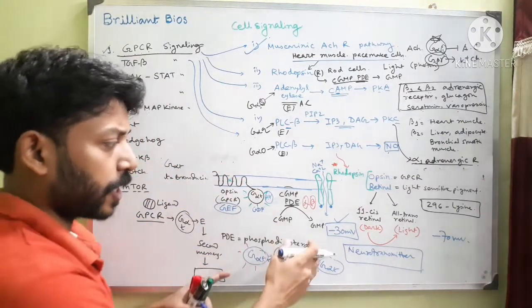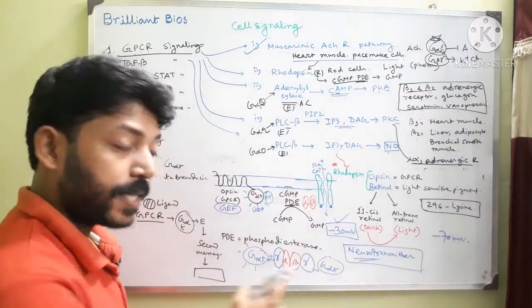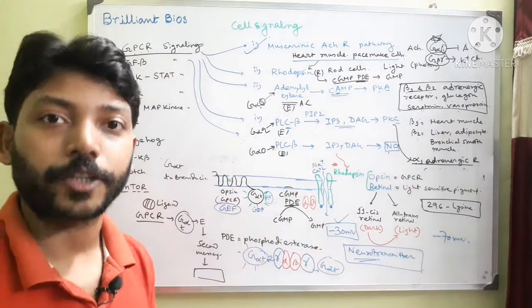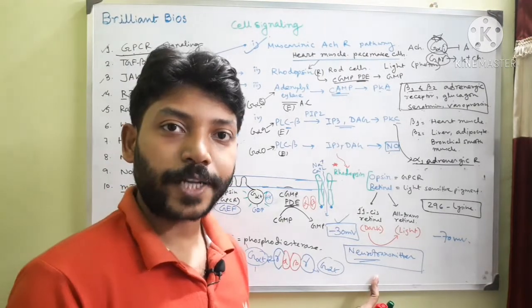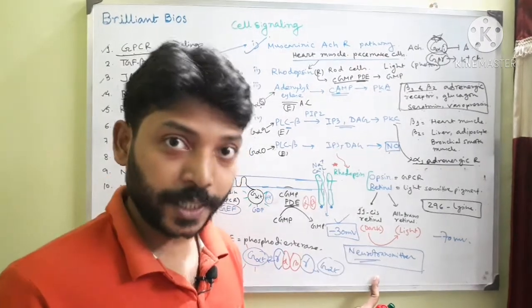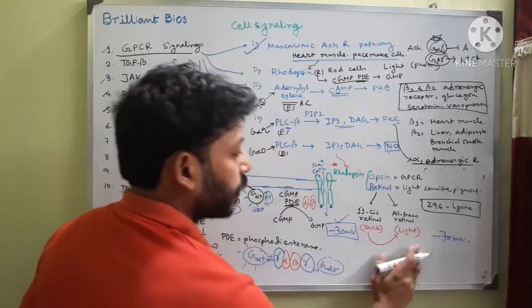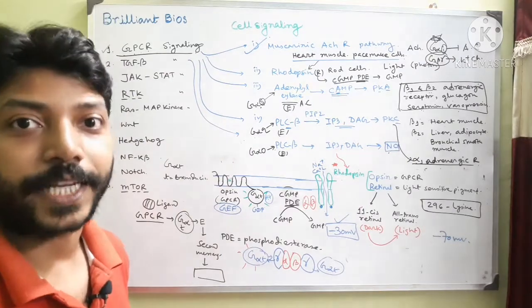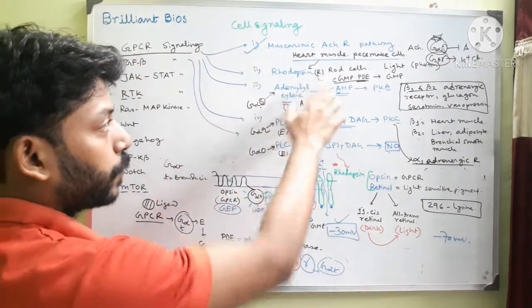In that situation, these rod cells can secrete neurotransmitter, and the brain senses the neurotransmitter as darkness. You have to understand this. When rod cells secrete neurotransmitter, the brain interprets this as darkness. When rod cells stop secreting neurotransmitter, the brain senses that it is light. So this is the whole story about these rhodopsins.